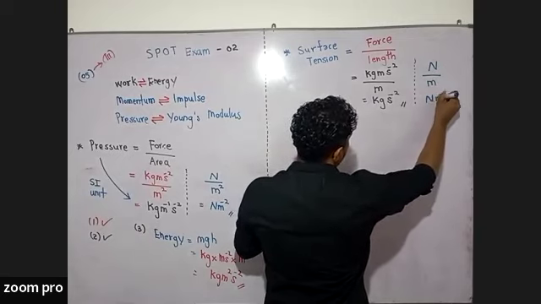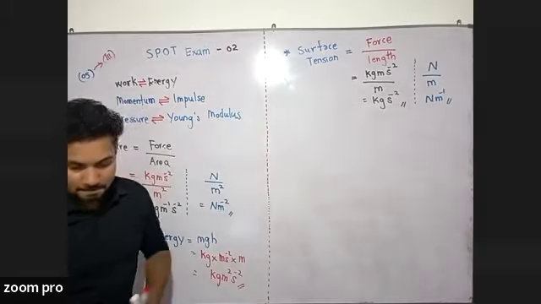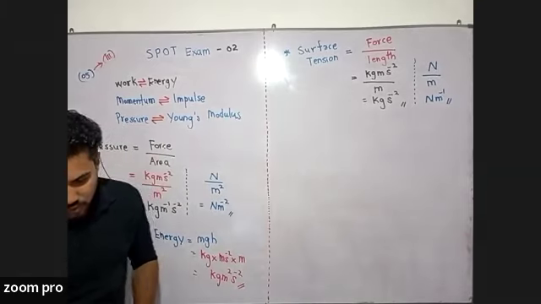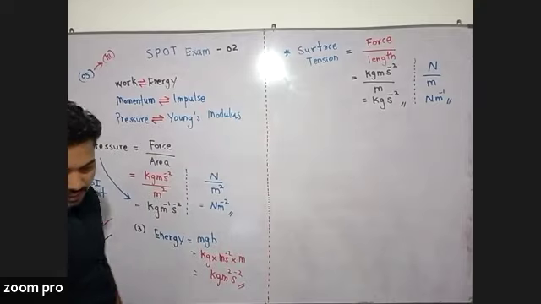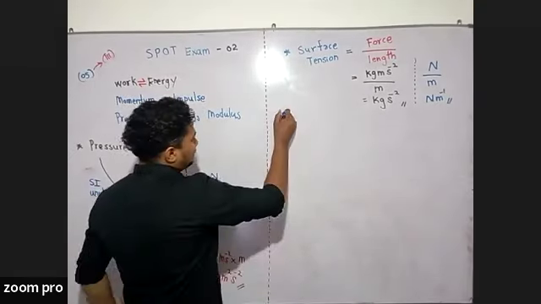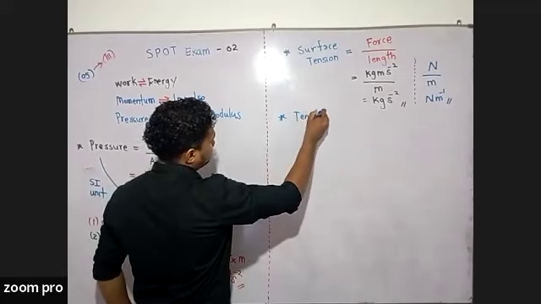So this unit also can be accepted as the unit of surface tension, right? So then the fifth one is also correct, right? So the answer should obviously be the third one. And I want to mention another thing, that there's another word, tension.